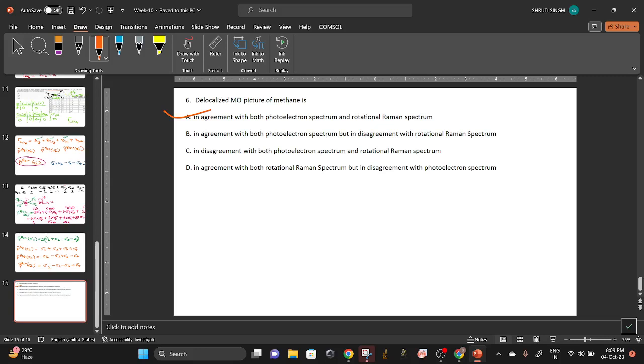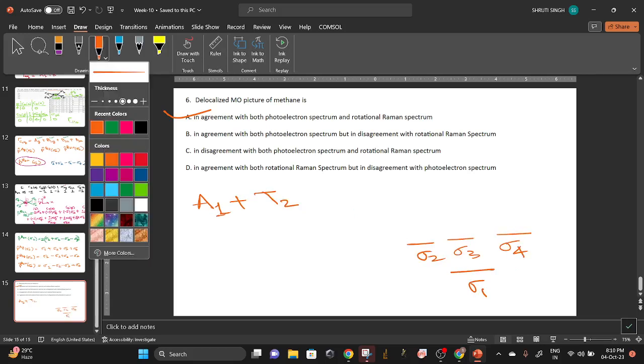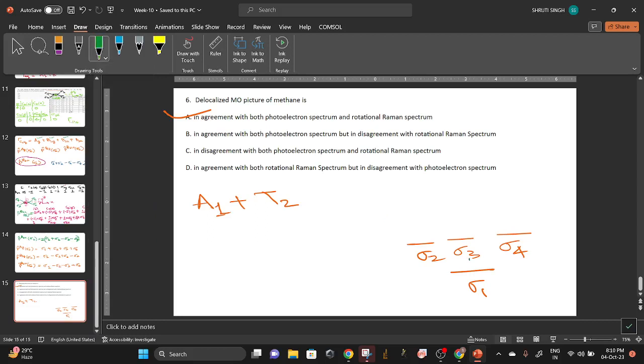So it gives A1 plus T2. This is sigma 1, and sigma 2, sigma 3, sigma 4, and these are all bonding, so these are all filled. But it does not mean that sigma 1 is one bond and these are others.